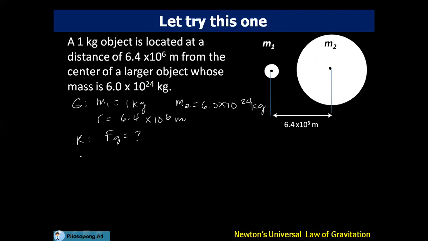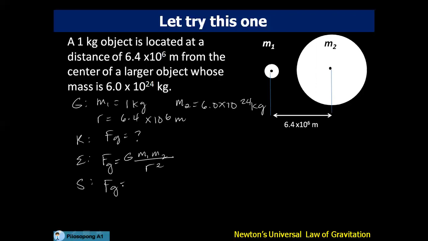Just by using the equation that we have earlier, the force of gravity is equal to the gravitational constant times mass sub 1 times mass sub 2, all over the square of the distance. We just need to substitute the values that we have there.